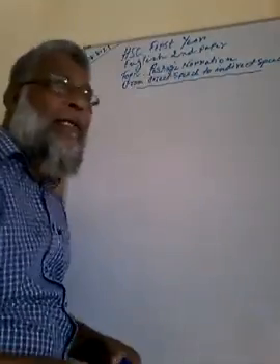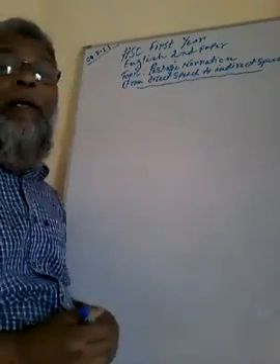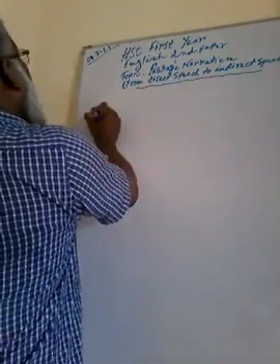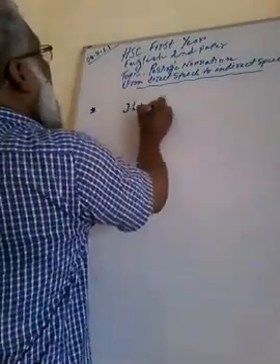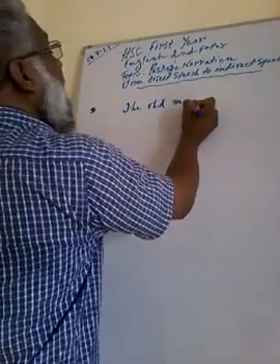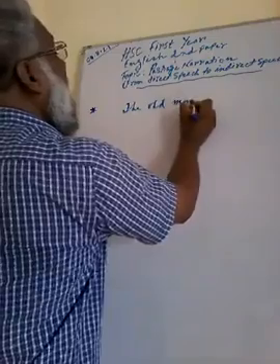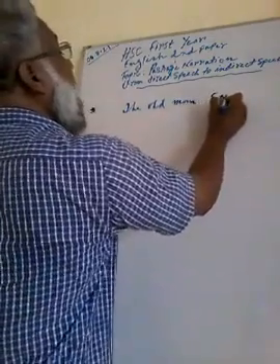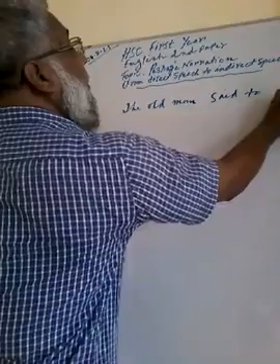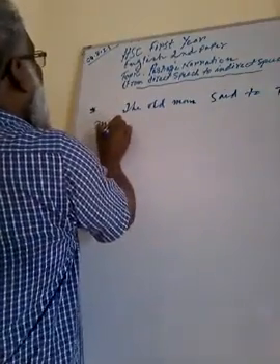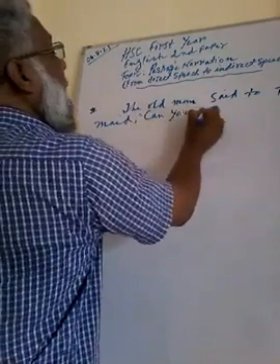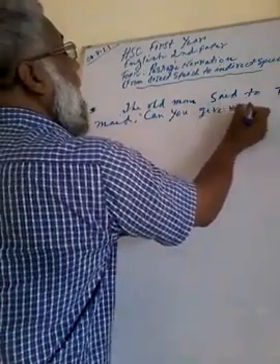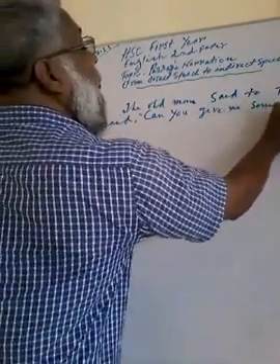Let us now practice changing direct speech into indirect speech. The old man said to the maid, can you give me some food?